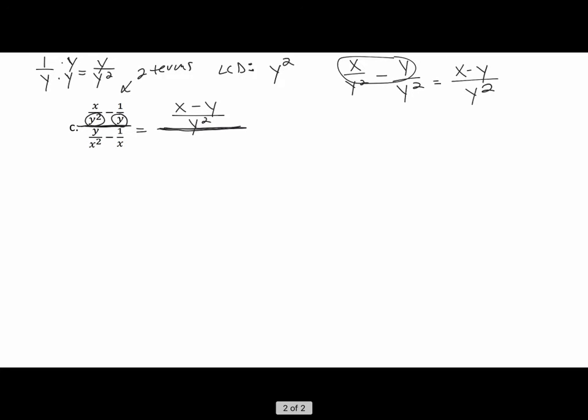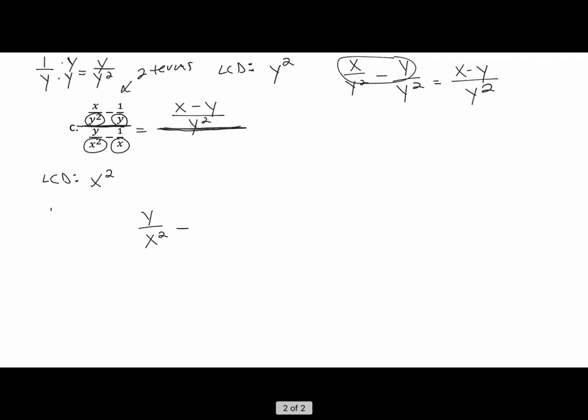Now I need to look at the denominator part and find the least common denominator for x squared and x, which is x to the highest degree. So I know that the first fraction is fine, y over x squared.